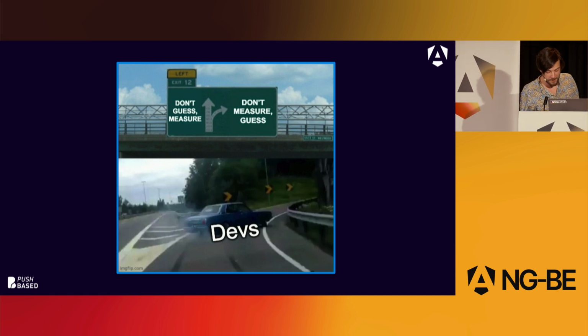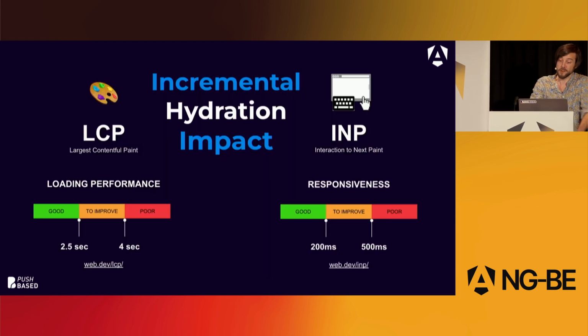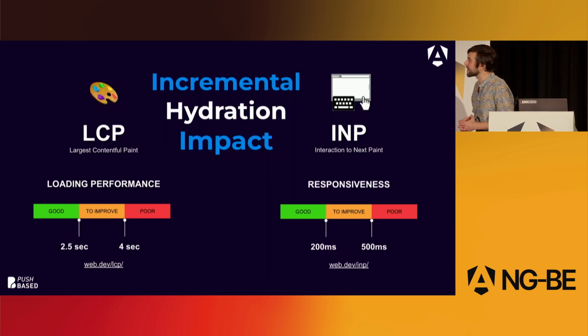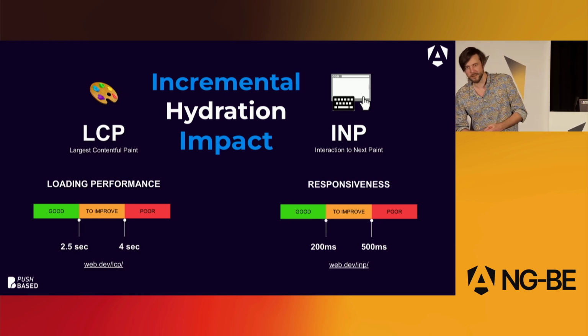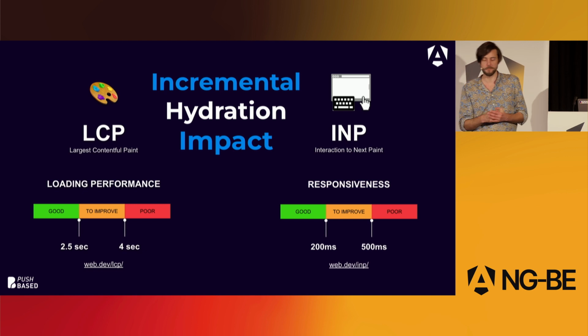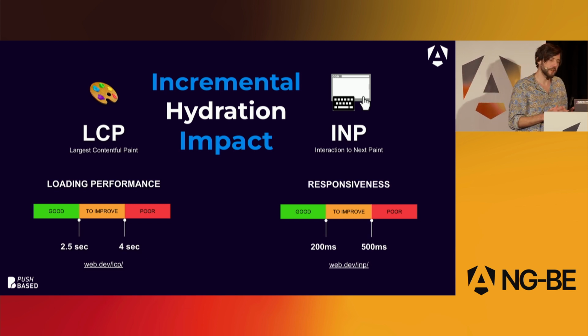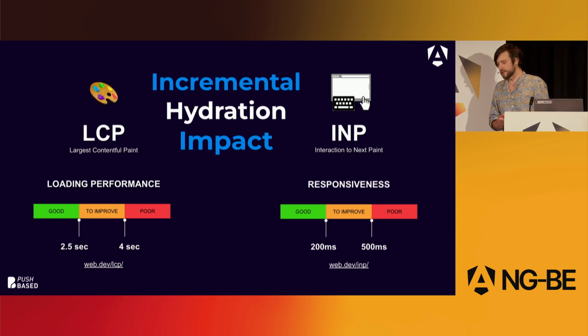It happens regularly to me, so I want to use that time here to re-emphasize what areas incremental hydration will mainly impact. Obviously, the third core web vital, cumulative layout shift, is also impacted, but those two are for me the main areas of impact.